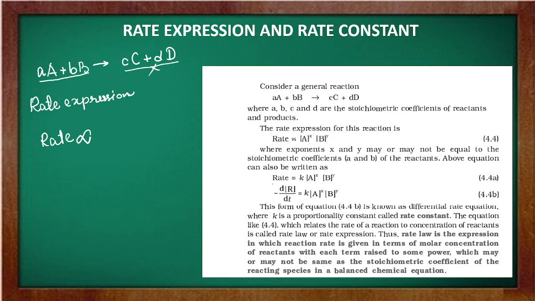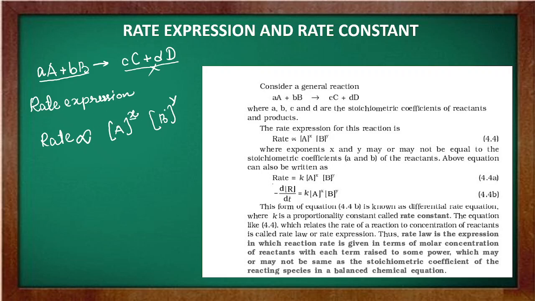It always depends on the concentration of the reactant. Here our reactants are A and B, so it will depend on the concentration of A and the concentration of B, and A and B will have a power. Suppose this is x and this is y. This is how the rate expression for any reaction is written.